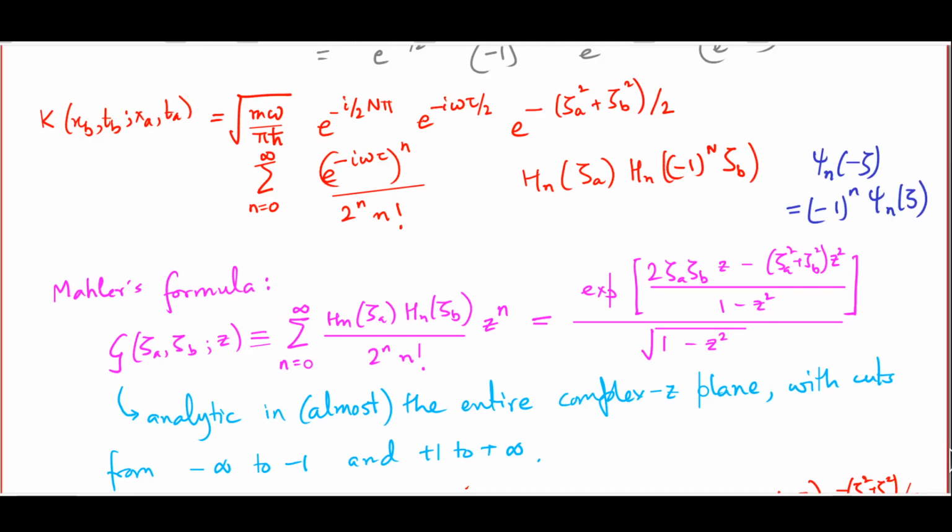In fact, they are singular points because of the 1 by 1 minus z square in the exponential. Also, what you have to do in order to make the function single valued is to put in branch cuts from minus 1 to minus infinity along the real line and from plus 1 to plus infinity.